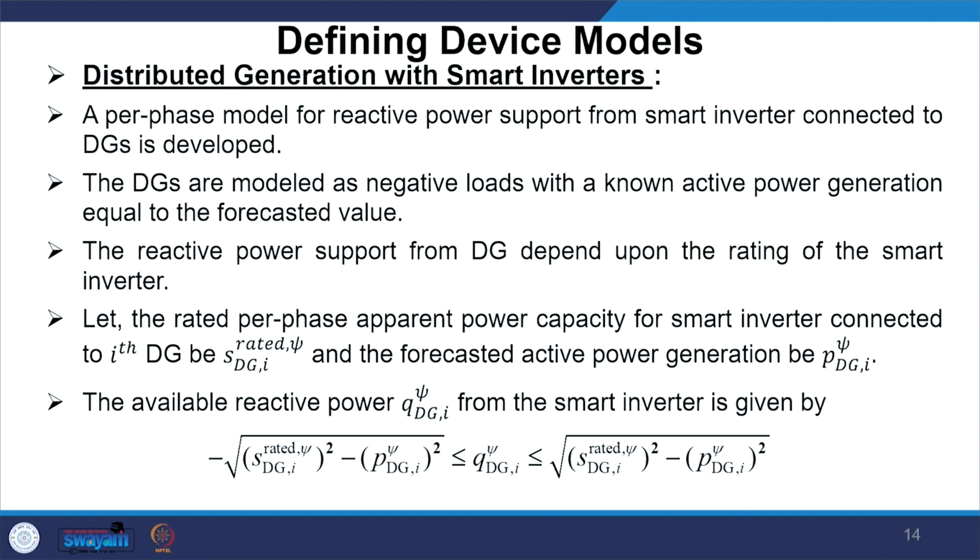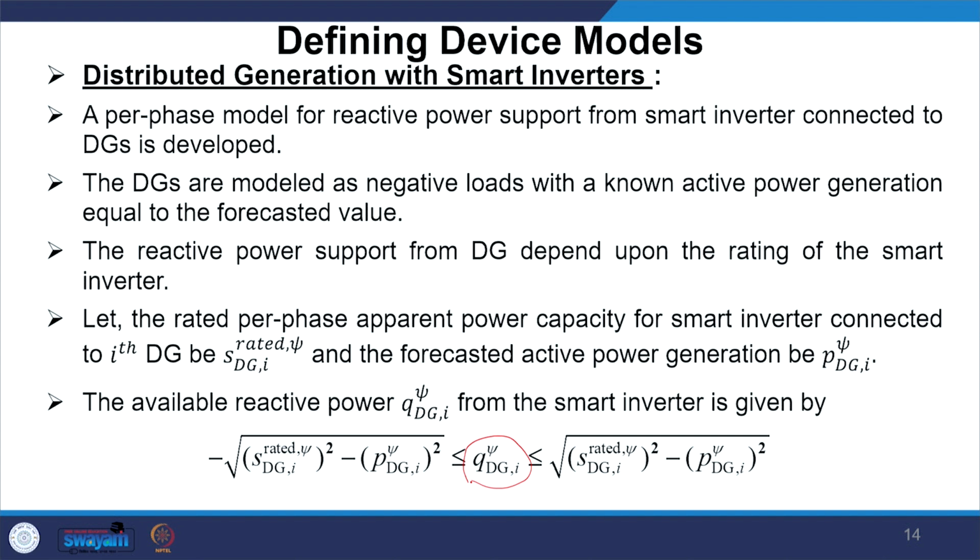So, the available reactive power, that is QDGi psi, from the smart inverter must be less than this and must be greater than this. So, this is indirectly a range between which the reactive power of the smart inverter can be extracted. This is kind of an inequality constraint during my OPF formulation.